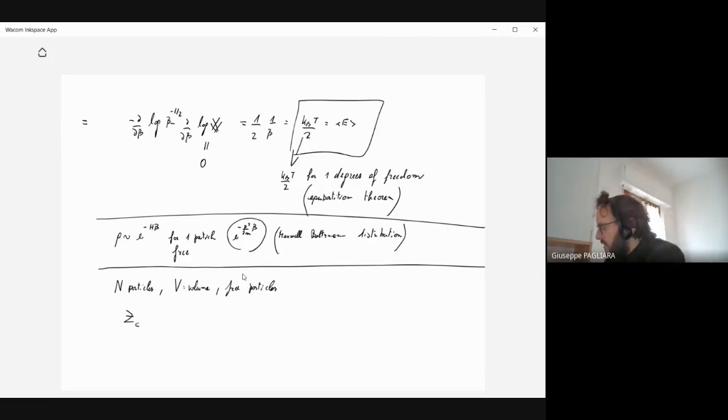Now, in this case, Z_c is the integral, let me make it more explicit, dq_1 ... dq_3N, because we are in 3 dimensions and we have 3N possible coordinates, dp_1 ... dp_3N. Then I have e to the minus Hamiltonian times beta.